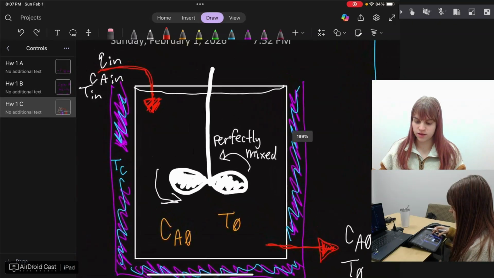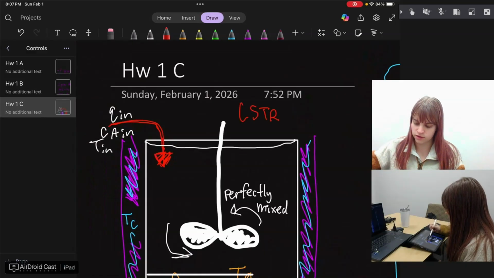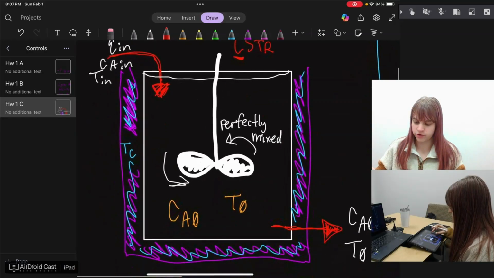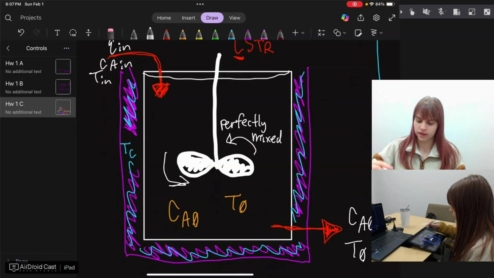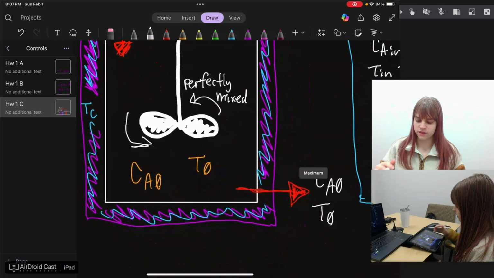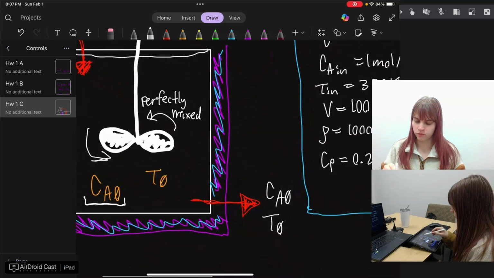And because this is a CSTR, a continuously stirred tank reactor, it is perfectly mixed. The importance of highlighting this is that the concentration of A in this tank, because it is perfectly mixed, is equal to the concentration of A coming out.